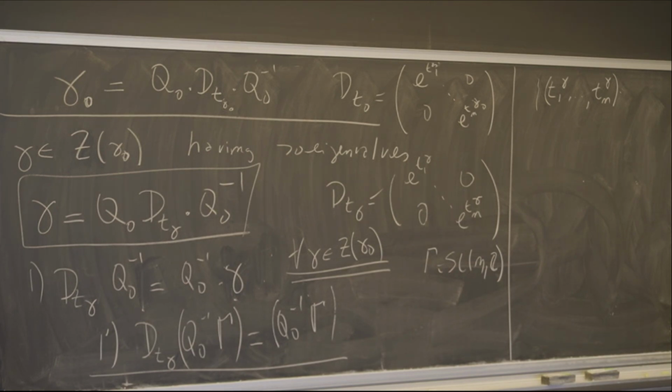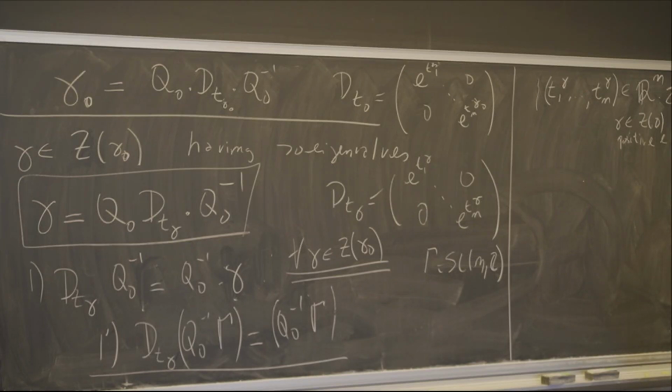So okay, I take all these vectors in Rn such that the sum of t_i gamma equals 0, and gamma in the centralizer of gamma, positive entries, positive eigenvalues.